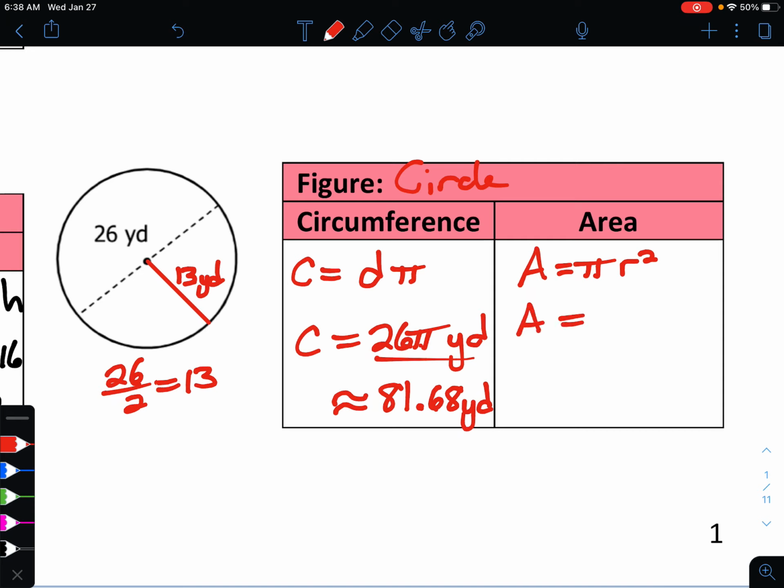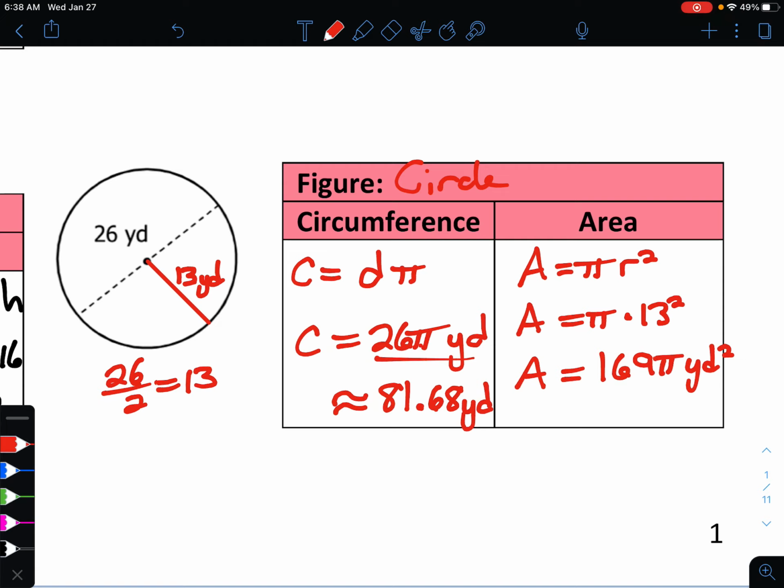So you'd say area is equal to pi multiplied by the number 13 squared. And 13 squared is 169. So that would be 169 pi. And make sure to include your label, which is yards squared, after it. So there would be the area for your circle. Now, once again, just like before, obviously that's how we will be leaving our final answer.